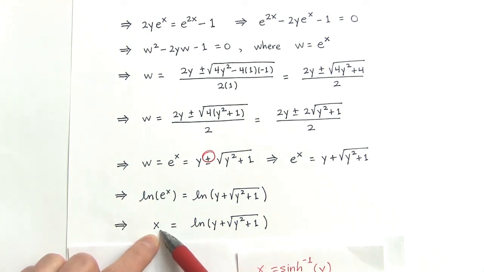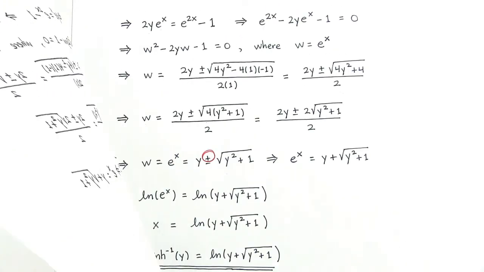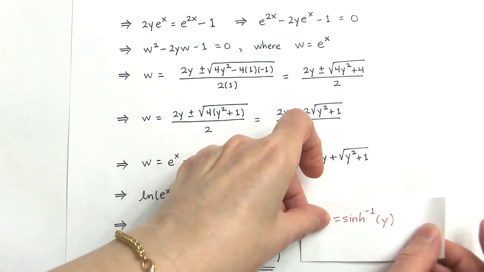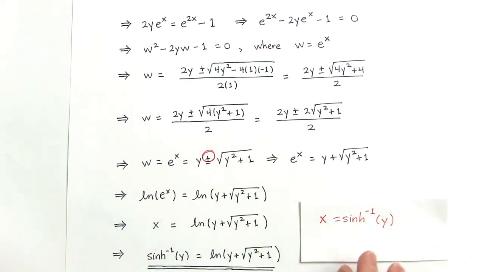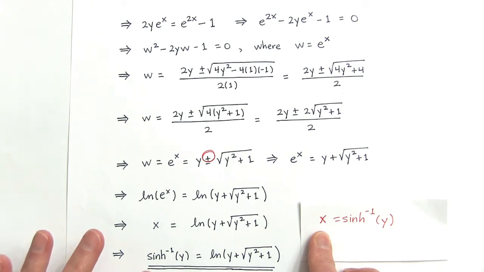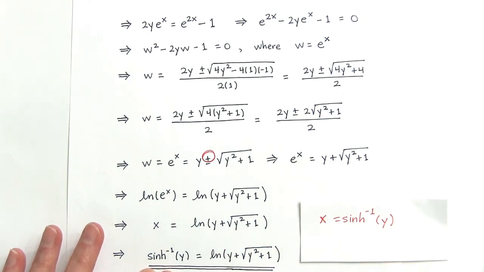So x is the natural logarithm of this quantity, but at the very top line of this proof, remember, we identified the inverse hyperbolic sine of y as x, and so we've proved the algebraic identity that the inverse hyperbolic sine of y is indeed equal to the natural logarithm of this sum.